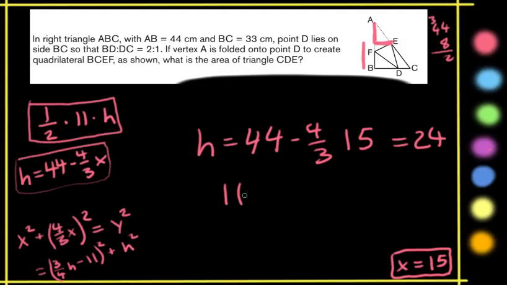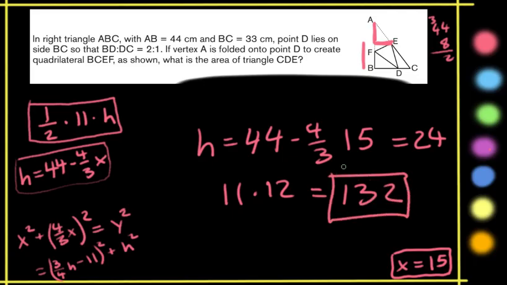Or wait, let's see. Oh, 1/2 of 11 times 24. So that's just 11 times 12, which is equal to 132, if I'm not mistaken. Yes, 132. So that is the area of this triangle here.